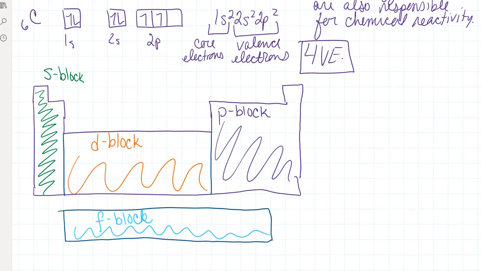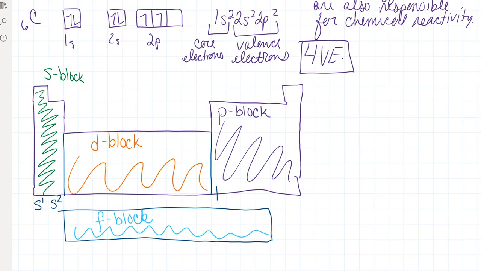When we take a look at these electron configurations, we'll notice that across the board, anything in this first column ends in an s1. Anything in this second column ends in s2.